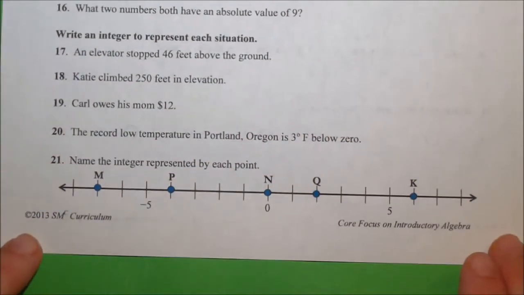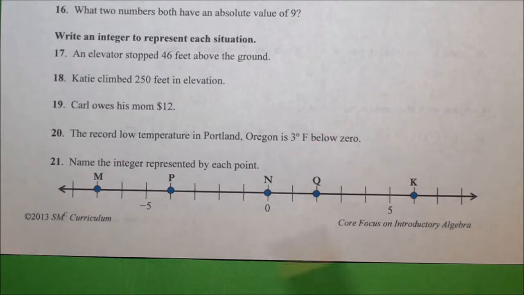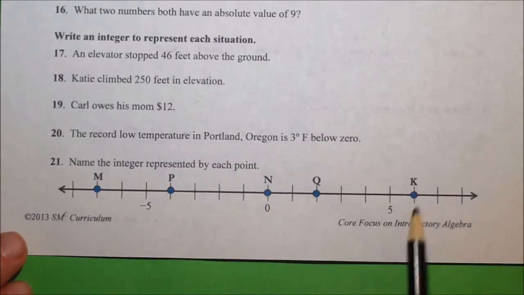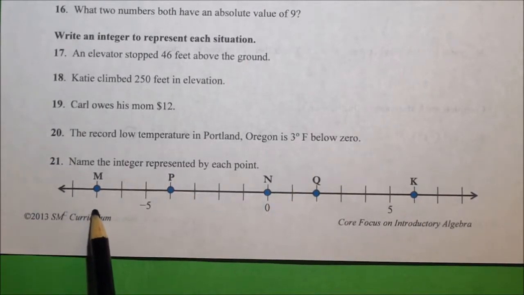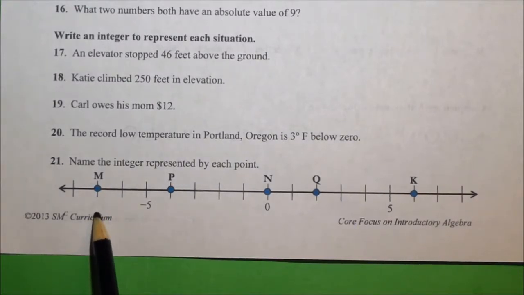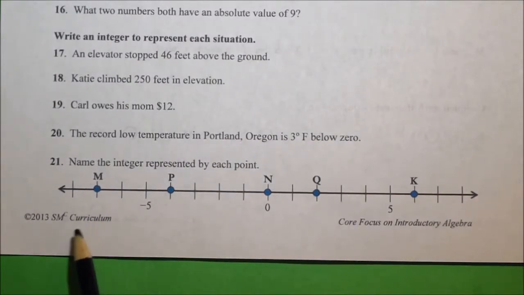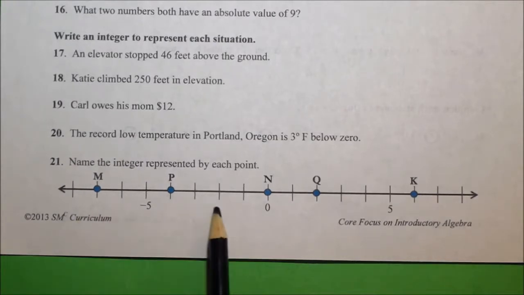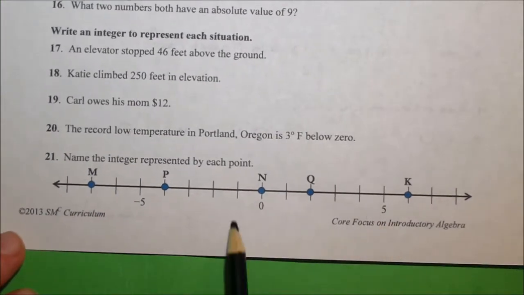And then this last one down here, it says name the integer represented by each point. All they mean is each one of these letters where you see one of these points on the line, what is the number, the integer that is represented by this M point. Okay, they haven't labeled all of the little tick marks, just a few to give you an idea.